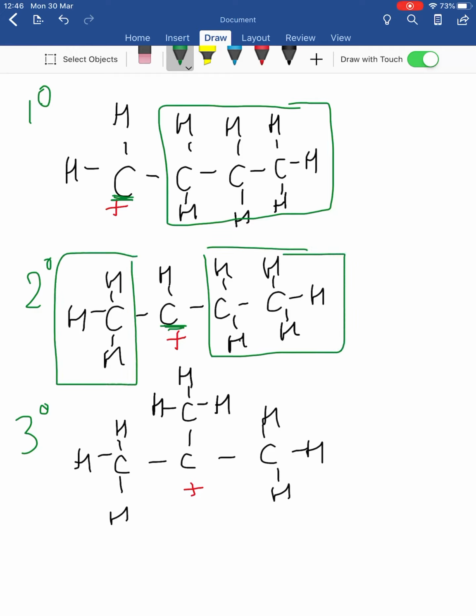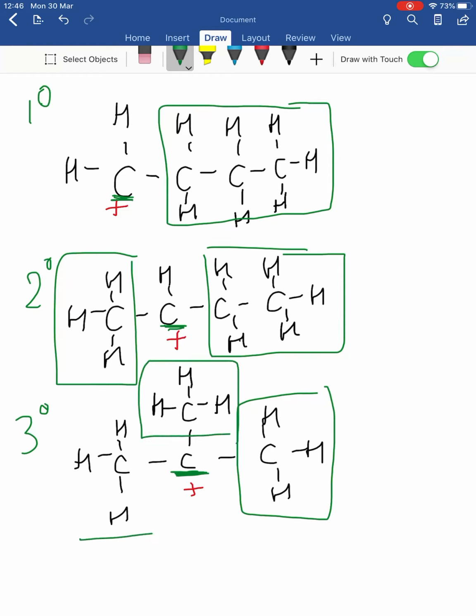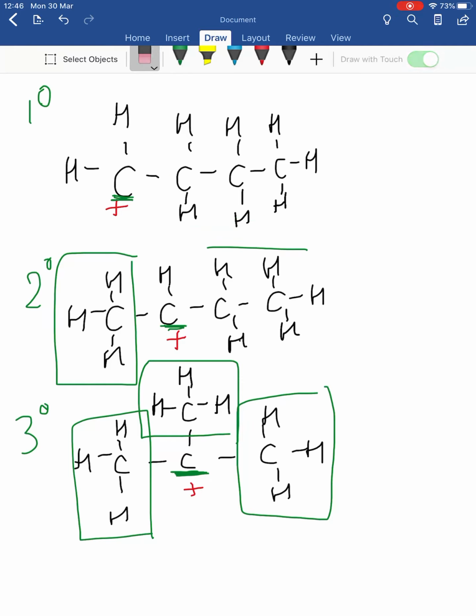It is bonded to 2 other carbons. If you have a tertiary carbocation, that means that this carbon is bonded to 3 different alkyl groups. Just like we talked about primary, secondary and tertiary halogenoalkanes, you've got the exact same thing for carbocations.